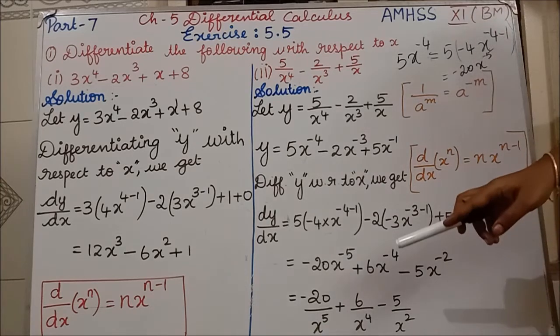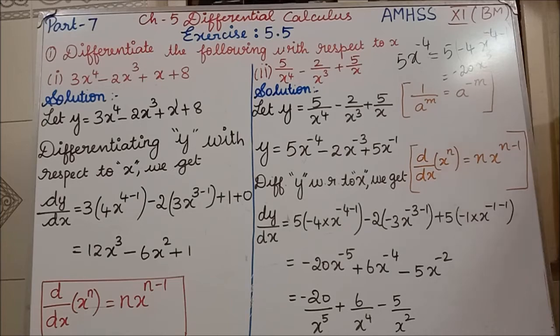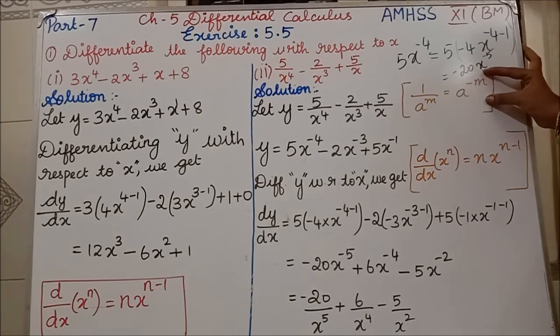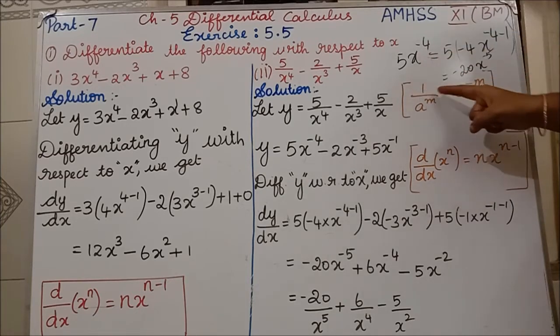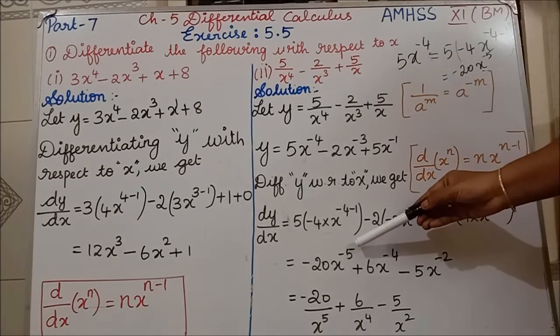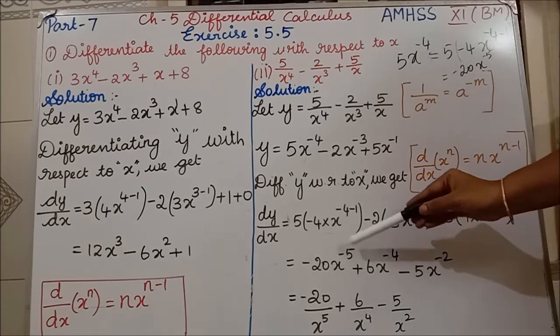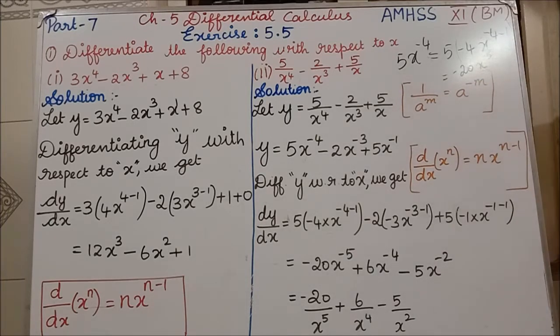So minus 20 divided by x power minus 5. According to the same formula, if we are having the power in negative and want to bring the power to positive, we write 1 divided by a power m, isn't it? So your power is in negative, and to make it positive, it will go down. All the values will go down. Clear all of you?